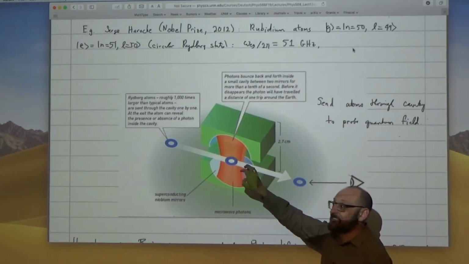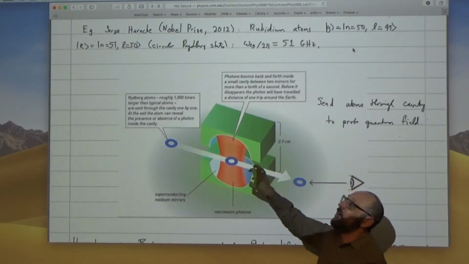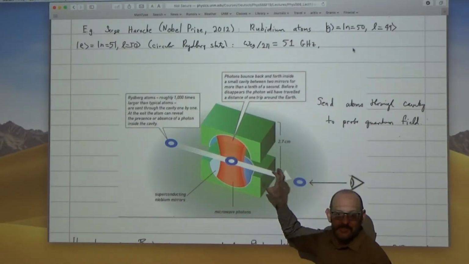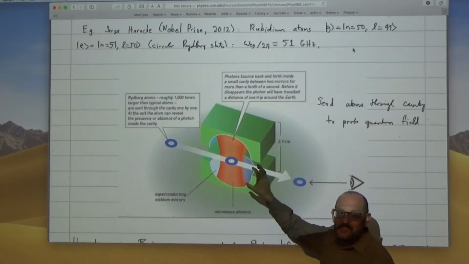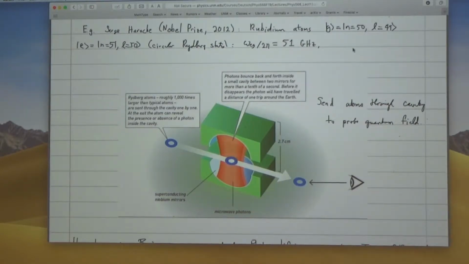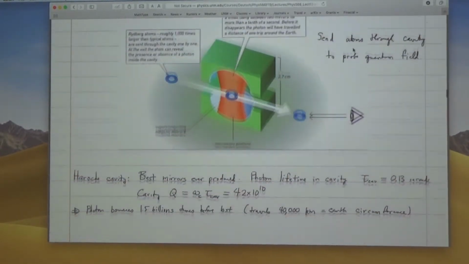This kind of system is now at the heart of what you may have heard of as Google's quantum supremacy experiment. It is this physics. Instead of an atom, what they actually have is what's called circuit QED.